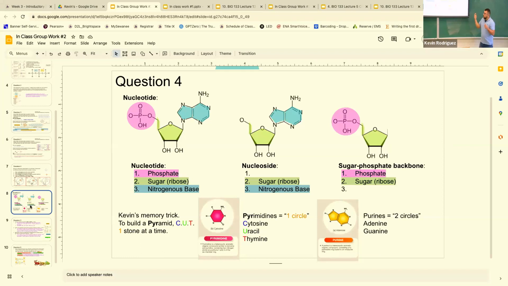That's where I use my memory trick: you build a pyramid, you cut one stone at a time. So pyrimidine, CUT, and one ring, one stone. Then the purines are the other way: 2 rings, a 5 and a 6. As long as you remember you've got 2 rings, you add one. Does that make sense? You don't have to draw them from memory, just recognize them at this level.